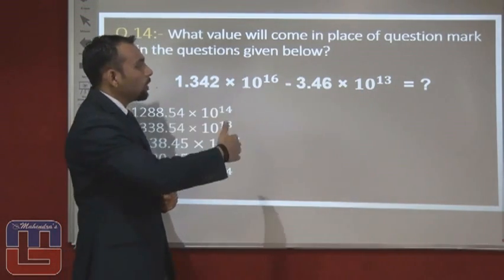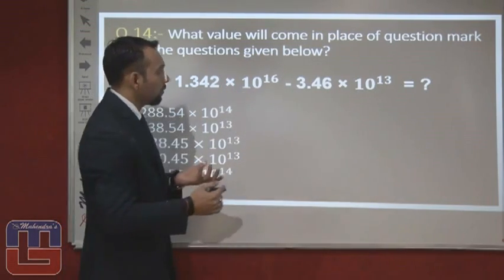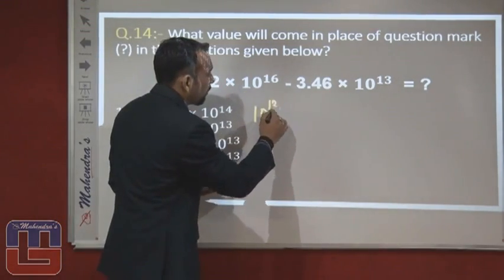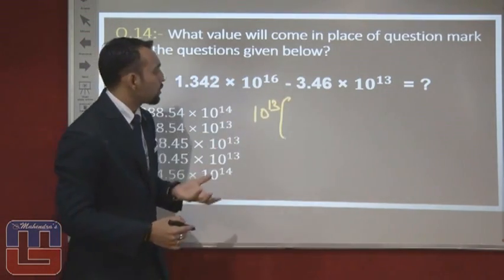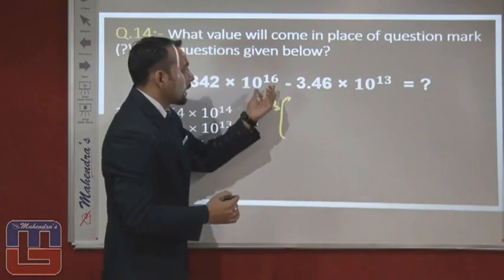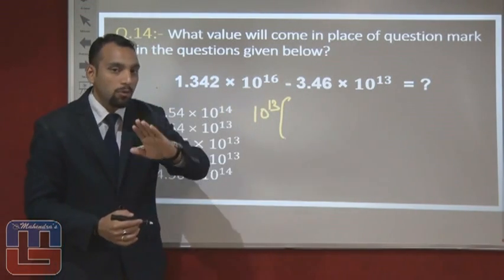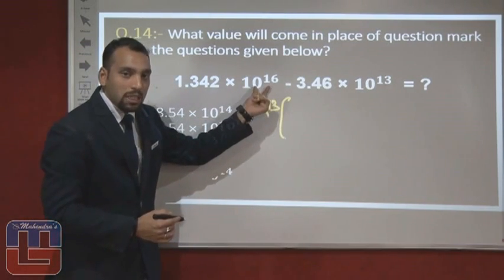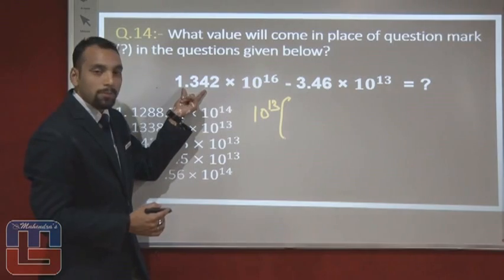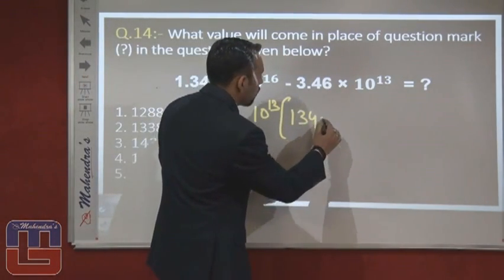If we take 10 to the power 13 common from both the numbers, then here 10 to the power 3 will remain. So if you multiply 10 to the power 3 into 1.342, you will get 1342.